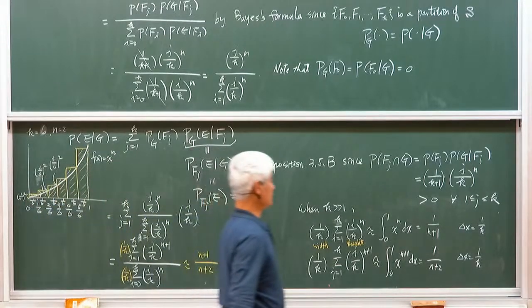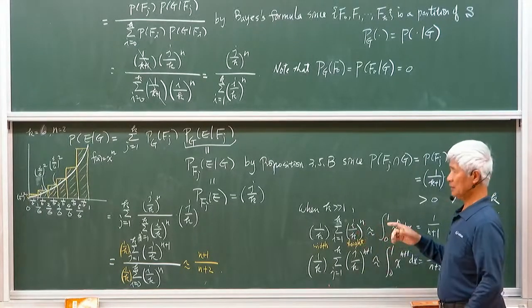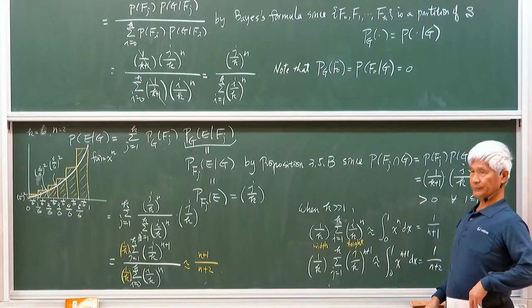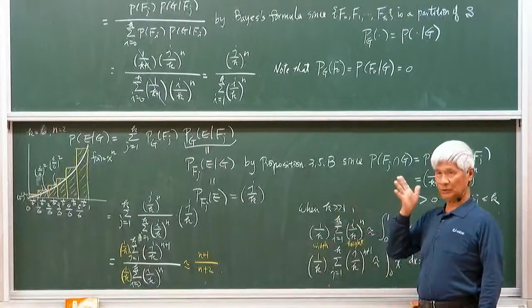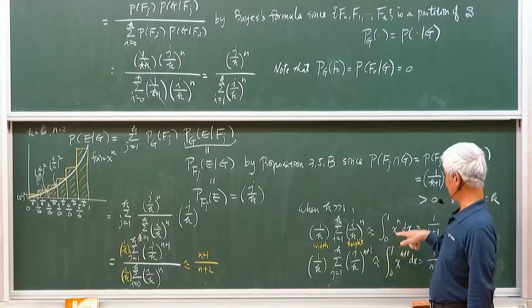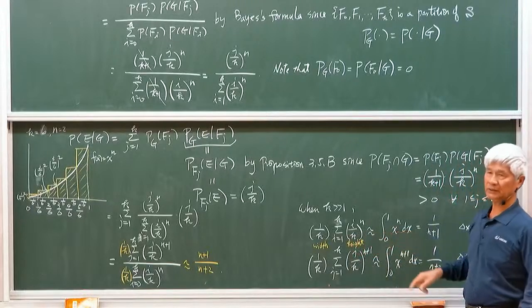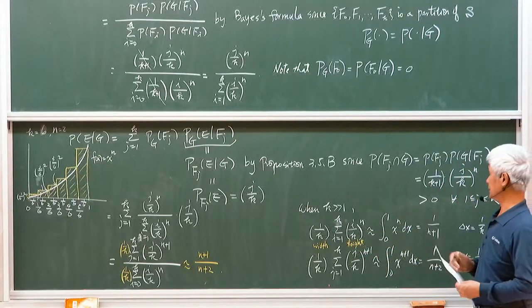So when you learned integral calculus in your freshman year, you should know that we can approximate an integral by areas. Okay. So when k is really big, then the sum here will approach this integral here. So it can be well approximated by the integral.